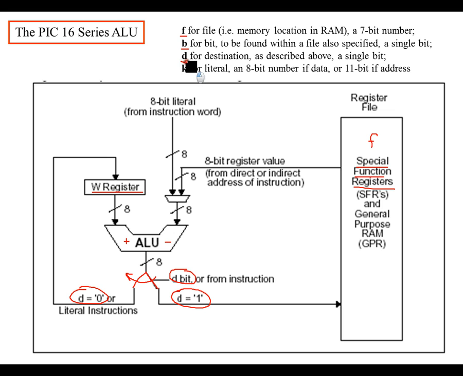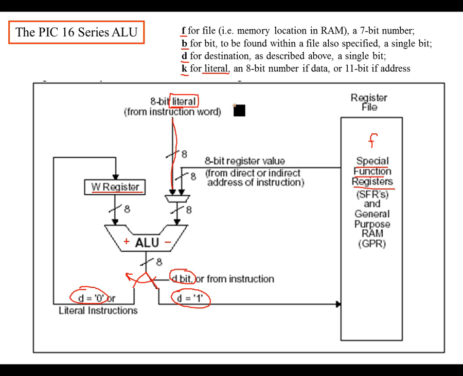Now D, we already talked about. D we're going to use to specify where the result is going to be stored, and then K is what we're going to use to specify a literal. A literal just means a number, so that means this path. It means you have an embedded number, like 5 or 6 or 7, inside of your instruction.